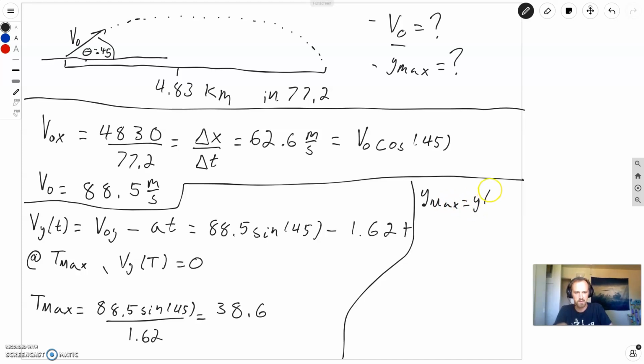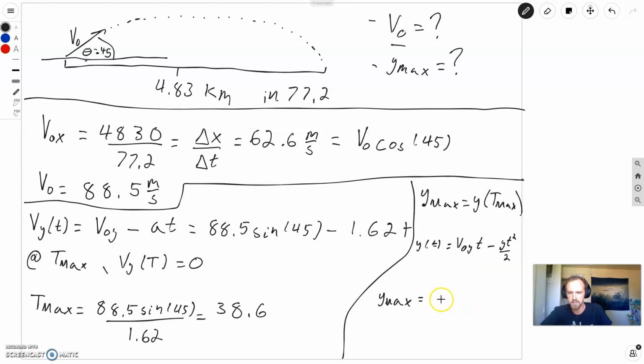So then y max equals y evaluated at this special time, t max. So then y max equals, well, I can express y of t equals v naught y t minus g t squared over 2. So y max equals evaluating this thing at this time.